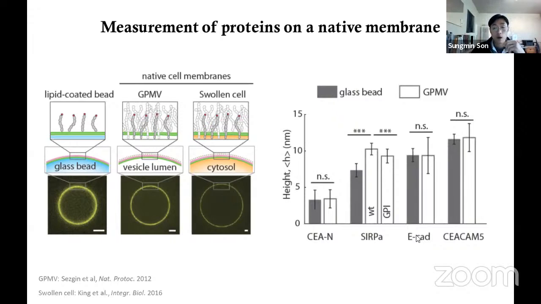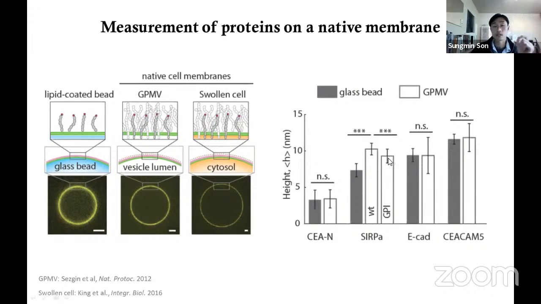So we modified the protein in the same way as CEACAM, introducing GPI in place of the transmembrane domain, expressed it in the plasma membrane, and then measured this height. We see that the height actually decreases compared to the wild type case, suggesting that the linking mechanism to the membrane actually affects the average height of proteins.